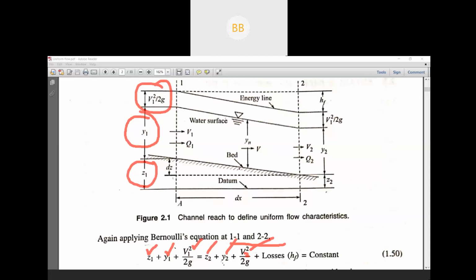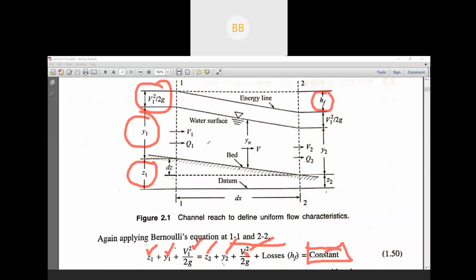But due to friction, as the water is flowing from upstream to downstream, there is some loss. That is called head loss due to friction. So the total energy at both the sections should be the same.